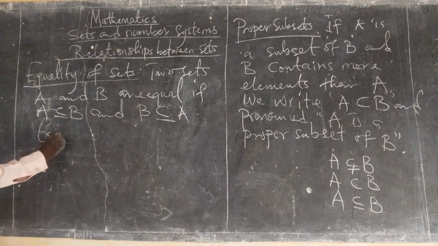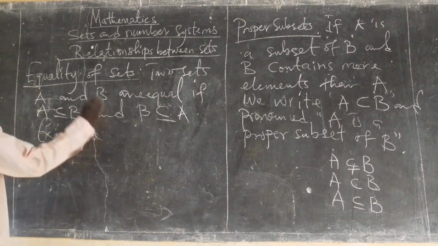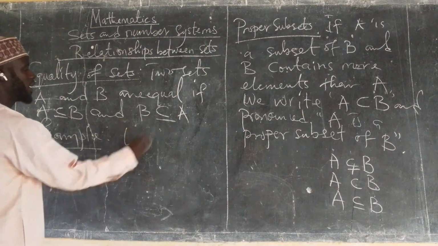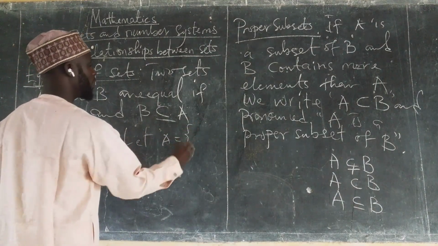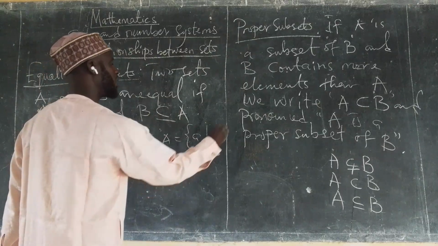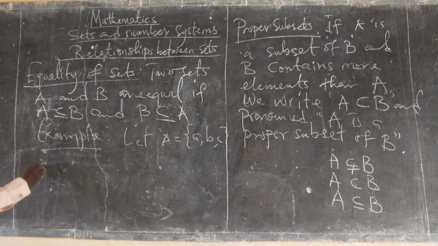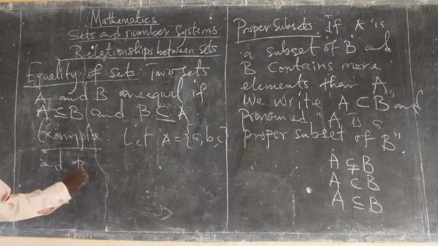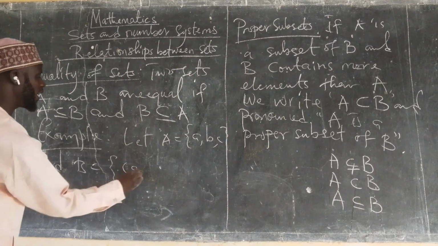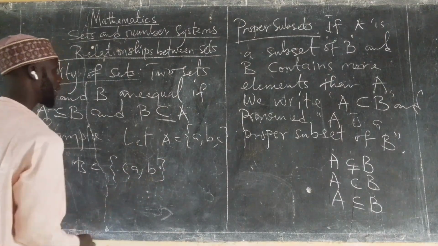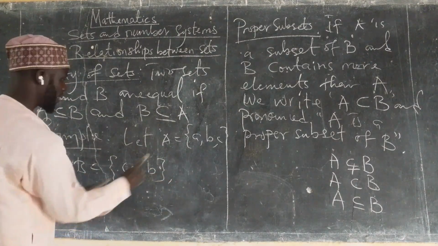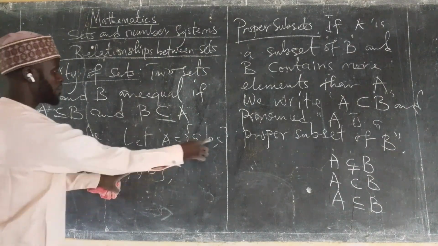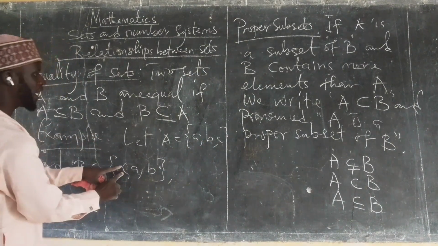An example we can cite: let A equal {a, b, c} and B equal {c, a, b}. Clearly, one can see that a is here, b is here, c is here.